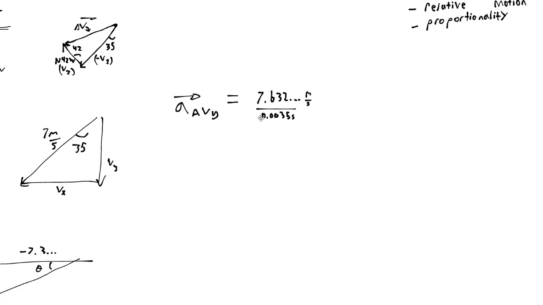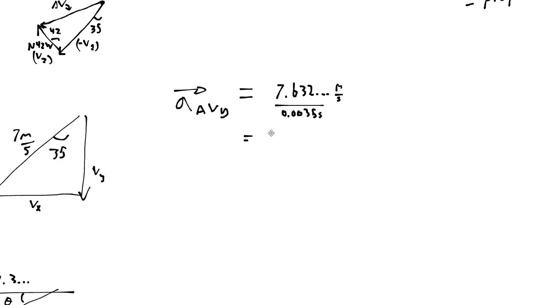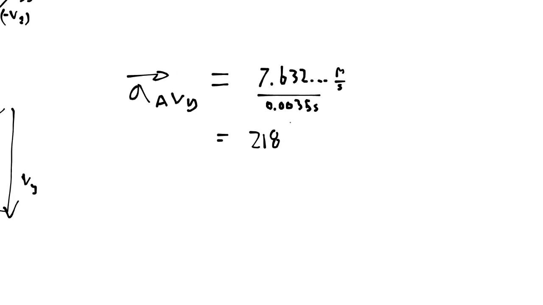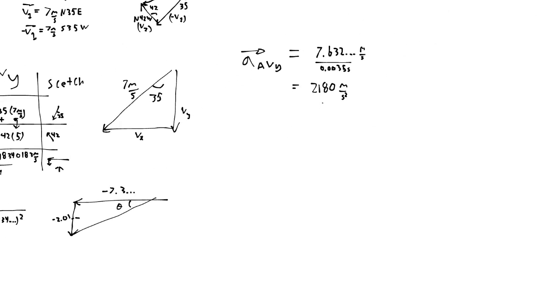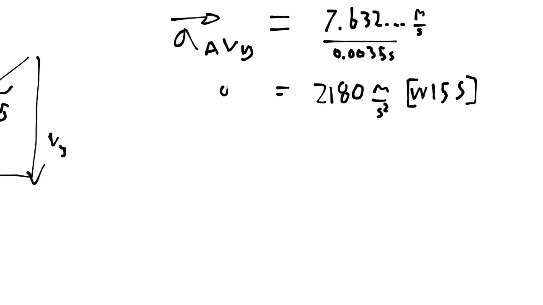And all this should equal 2,180. There's more decimals to that, but I'll just leave it as that. Meters a second squared. And the direction was 15.3, so that would be west 15 degrees south. There we go. And that's how you do this one. So that is acceleration average.